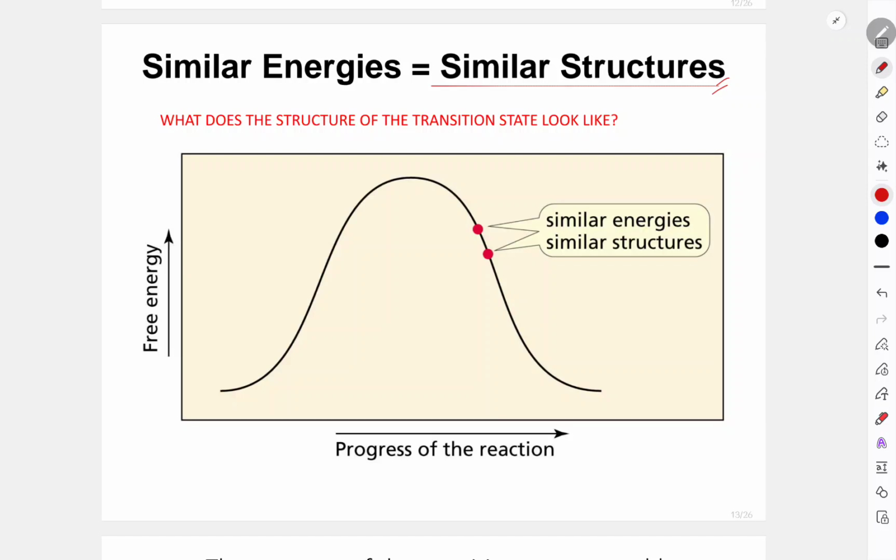So that is the baseline for the Hammond postulate. So let's say you have a reaction diagram and the x-axis indicates the progress of the reaction, and you have 2 states.